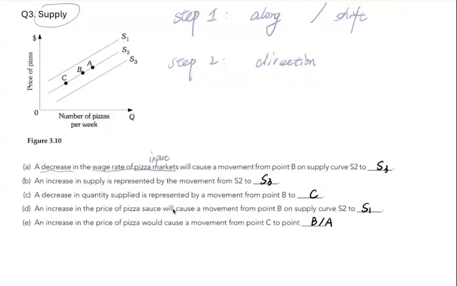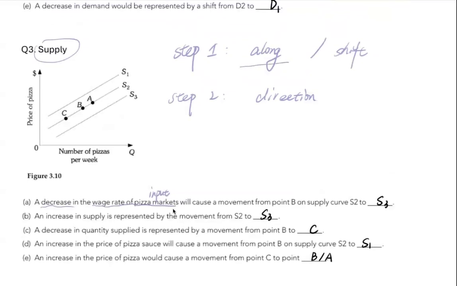So you can think the cost of making one pizza decreases. So does this belong to the quantity supplied, or supply itself? Remember that quantity supplied is only affected by the price of itself. This is not the price of pizza itself. This is the price of pizza's input. So this is a shift. Okay, this is a supply change.